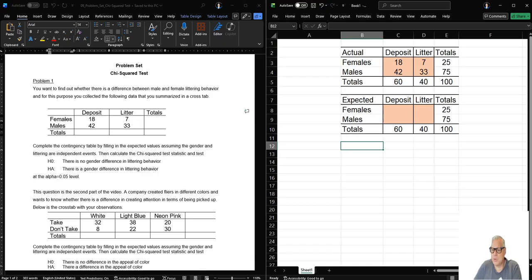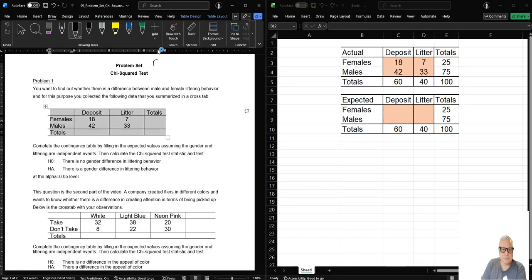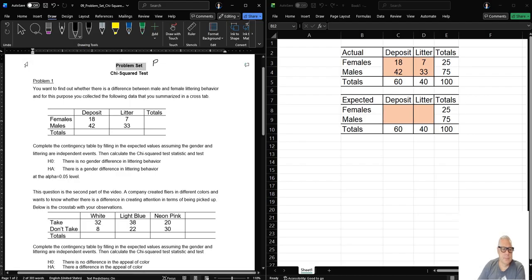So if we assume that gender and littering behavior are truly independent, then we would say, for example, for females and depositing, if we assume that this is completely independent, then we would expect that the probability of randomly selecting females that deposit, if they are independent events, would be the probability of being female and a depositor.